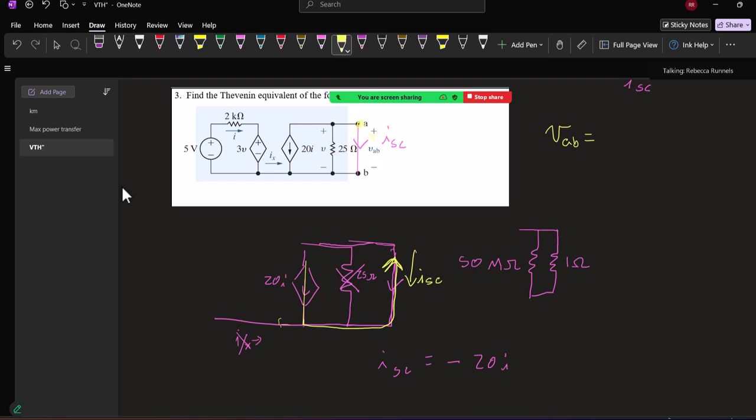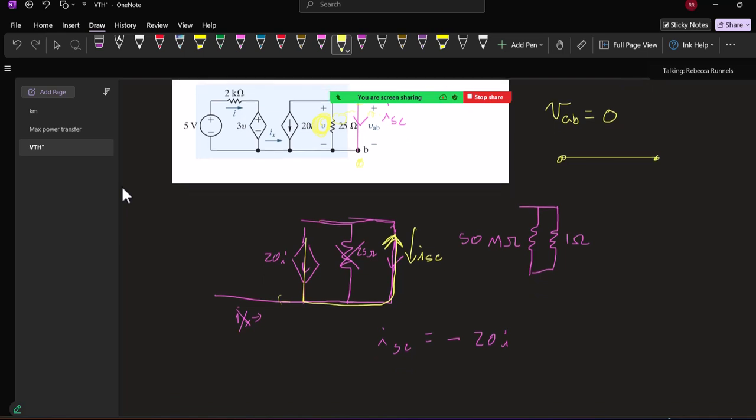What's the voltage change across just a wire? 0. If you don't have any kind of element in here, then the voltage difference is going to be 0. So VAB is 0. That means that V is also 0, which means that this voltage source is 0 because it depends on V.